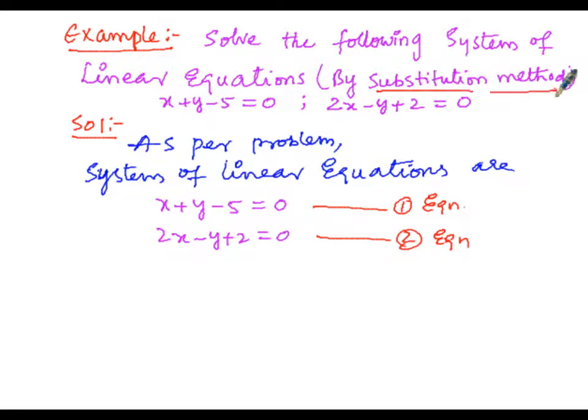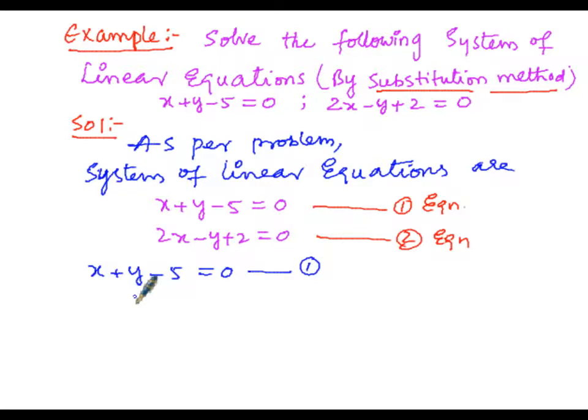So, as per the substitution method, step number 1 says we have to make one of the variables the subject. I want to take the first equation, x plus y minus 5 equals 0, and make y the subject.